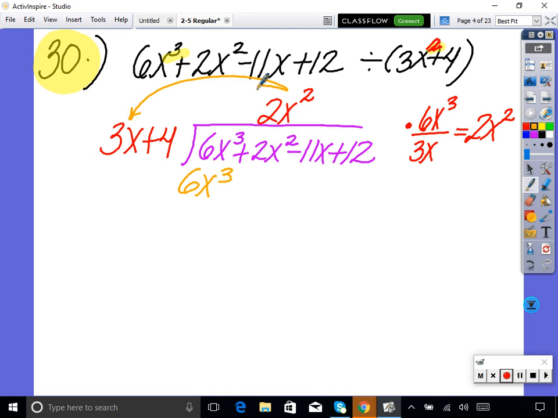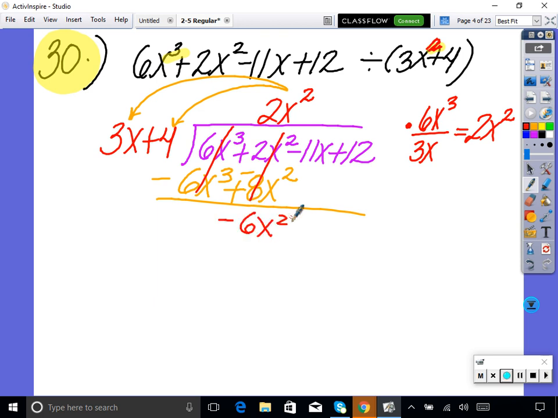Positive 2x squared times positive 4. Positive 8x squared. Now once again, we need these to cancel out, so we need to change the sign. Add straight down. Won't this be minus 6x squared? And then we still have minus 11x plus 12.